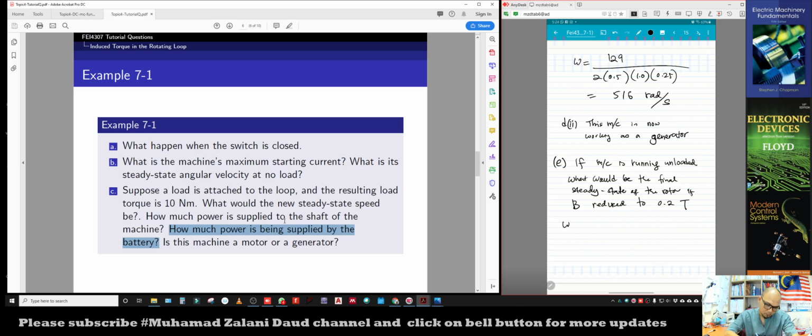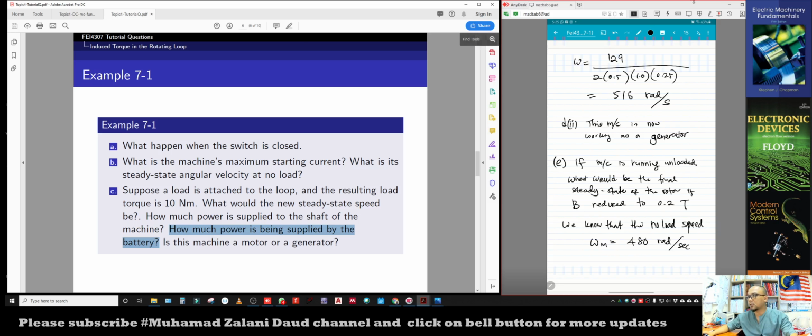Okay, so for this particular case, we know that the no load speed was 480 radian per second, right?